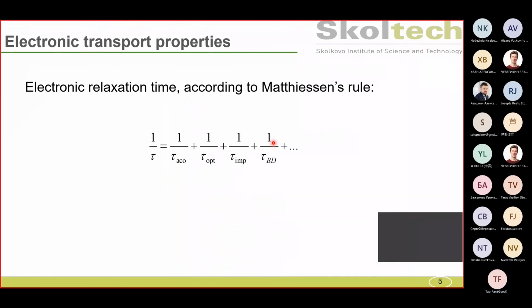So the problem is how to calculate this relaxation time tau. Let's consider the scattering processes an electron goes through. According to Matthiessen's rule, the total relaxation time of an electron is the addition of all scattering processes, which include acoustic phonon scattering, optic phonon scattering, impurity ions, boundaries, etc.